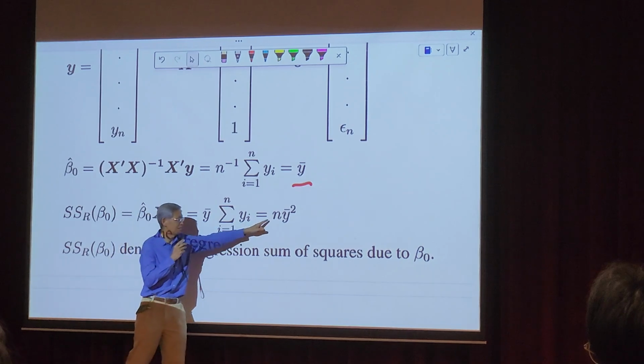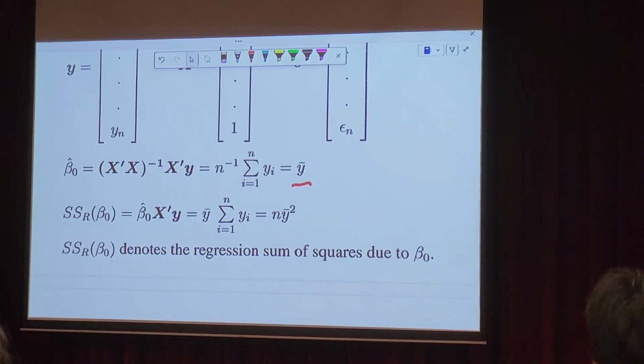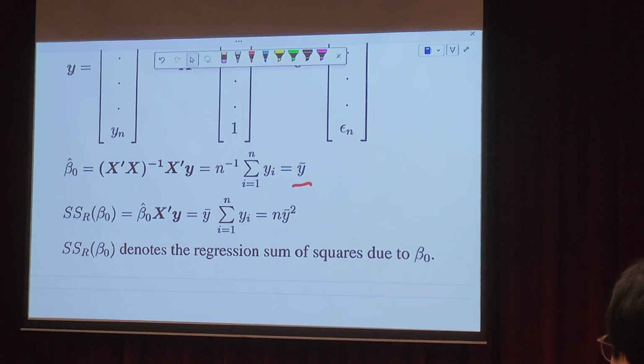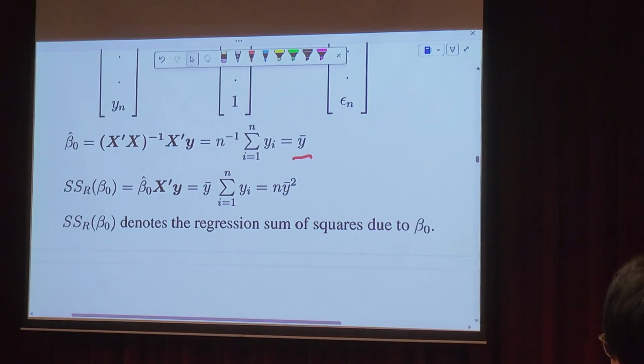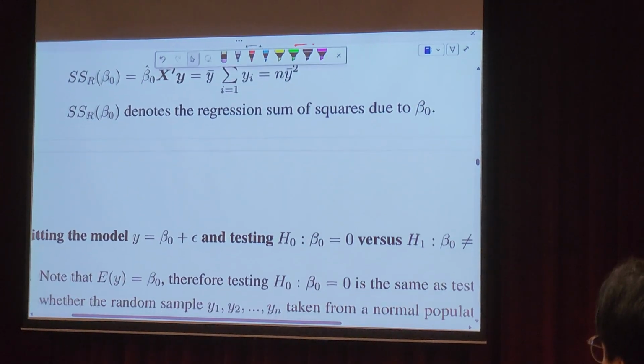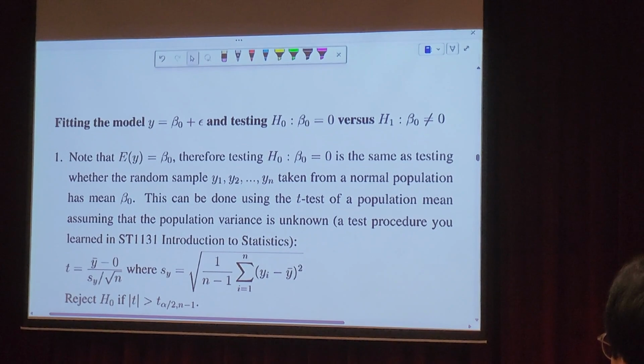So together, n y bar squared. SSR beta naught denotes the regression sum of squares due to beta naught, just like the usual definition. Maybe not very important, but without a good understanding of SSR beta naught, you will have a lot of trouble.